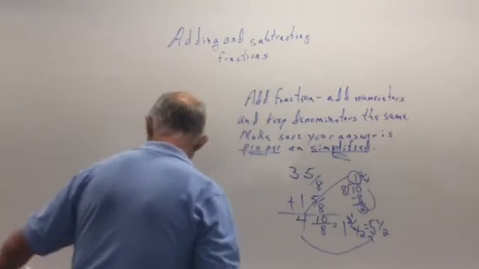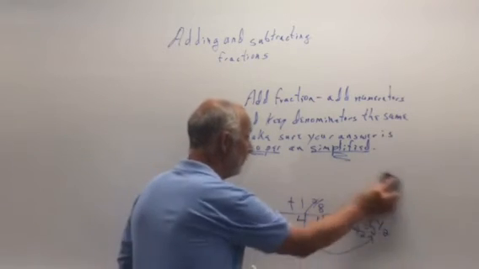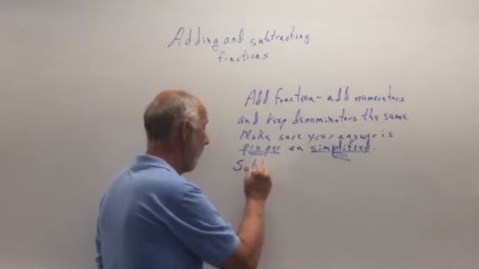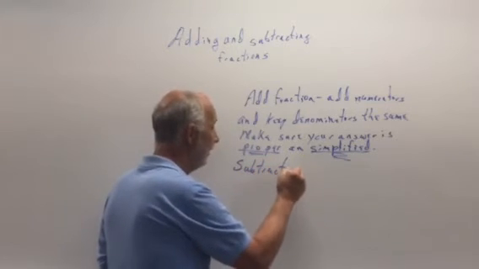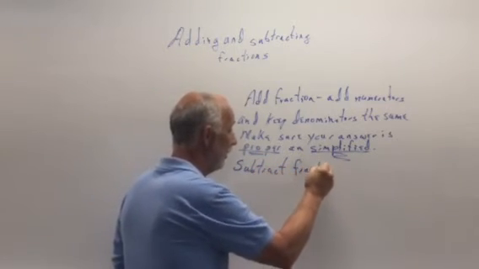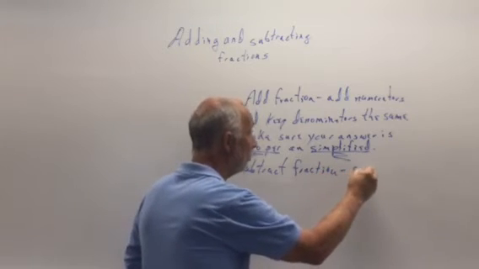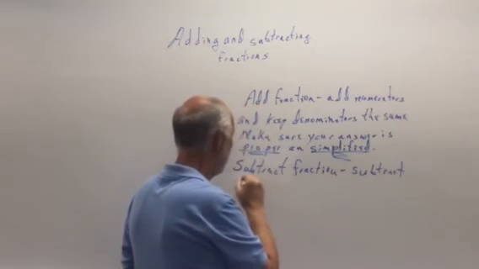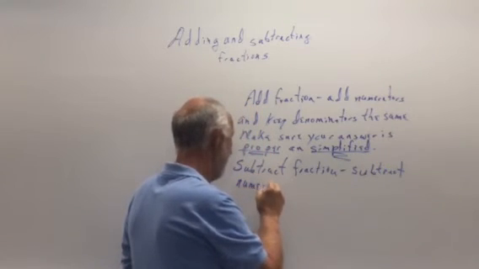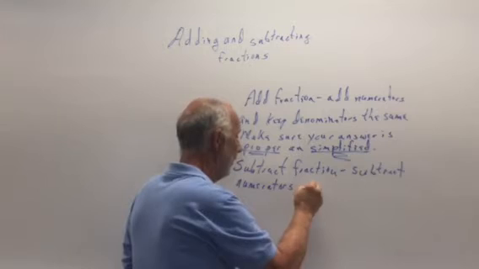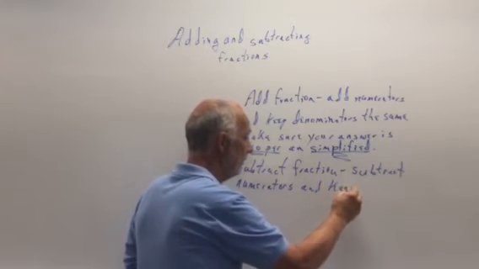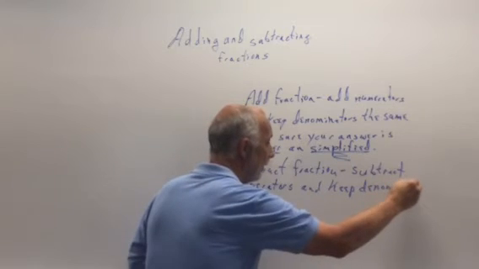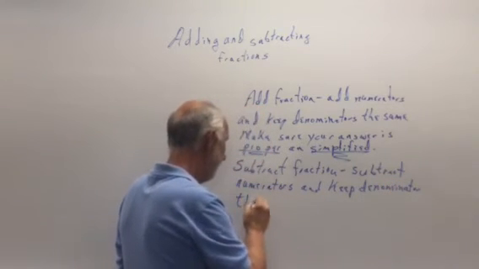By the way, the next thing would be how to subtract fractions. And again, to subtract fractions is exactly the same, except you subtract the numerators and keep the denominator the same.